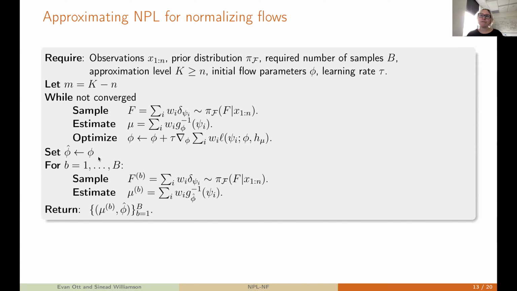Then I'm going to use that frozen neural network to generate my bootstrap samples by generating samples from pi sub f and just calculating the maximum likelihood mean for those samples. Put them together, and I will get approximate non-parametric posterior samples from the normalizing flow.